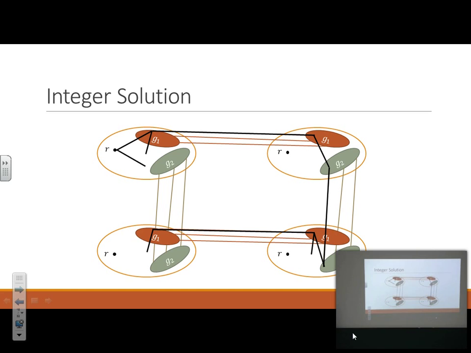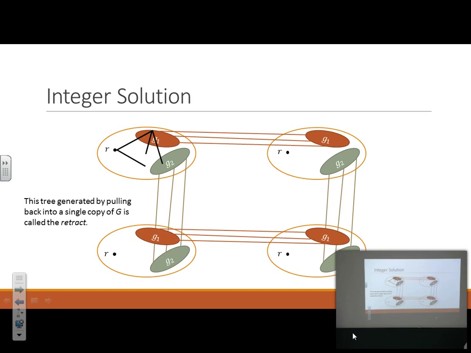Okay, so I delete the copy there and I put it in the top copy. Okay, then I look at this part. Oh, I've got a copy of this thing, so I put this part up there. Okay, and I delete this copy. Okay, and I do the same thing. Okay, all right. So that's the retract of the integer solution that we get from the Dawn solution.